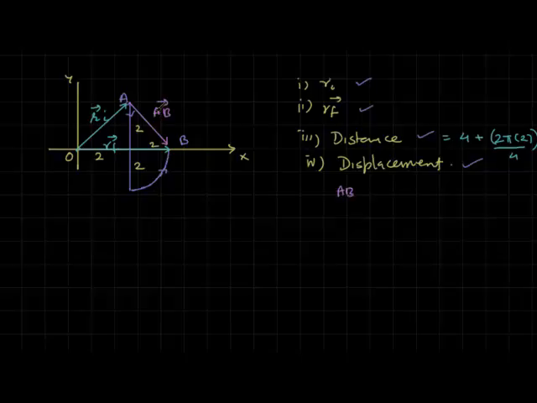So displacement AB vector is equal to, if this is 2, this is 2, this is 2 root 2 at 45 degree, by Pythagoras theorem. So it is 2 root 2 at minus 45 degree from positive x axis. So this is the answer.